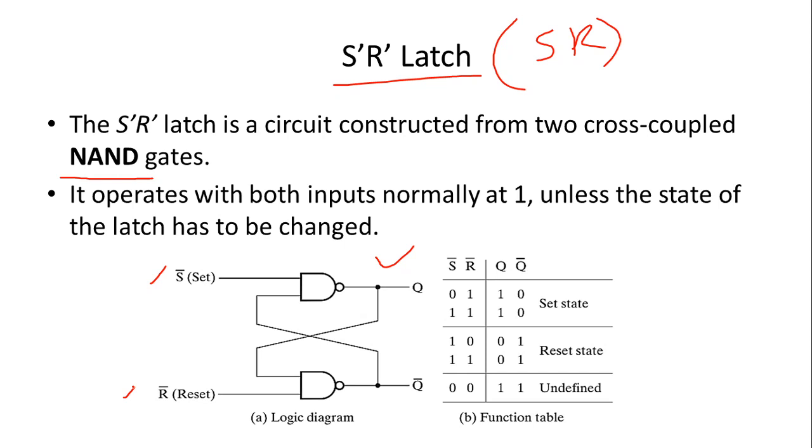So previously the SR latch used to produce undefined state at 1 1, and it used to save the previous state at 0 0, but the SR latch with NAND gates will save the previous state at inputs 1 1, and it produces undefined state with 0 0.